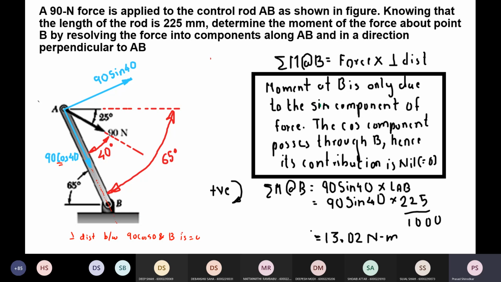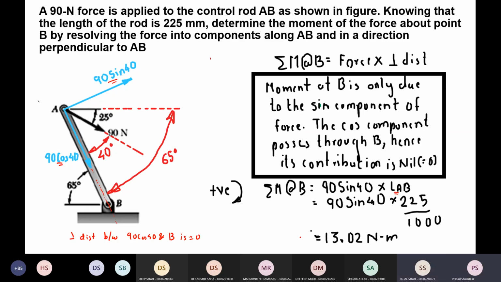Force into perpendicular distance, 90 cos 40 into 0, will be 0. So 90 cos 40 does not contribute to any moment. Only the component which will contribute to the moment is 90 sin 40. So perpendicular distance is AB, component of the force is 90 sin 40, so 90 sin 40 into A.